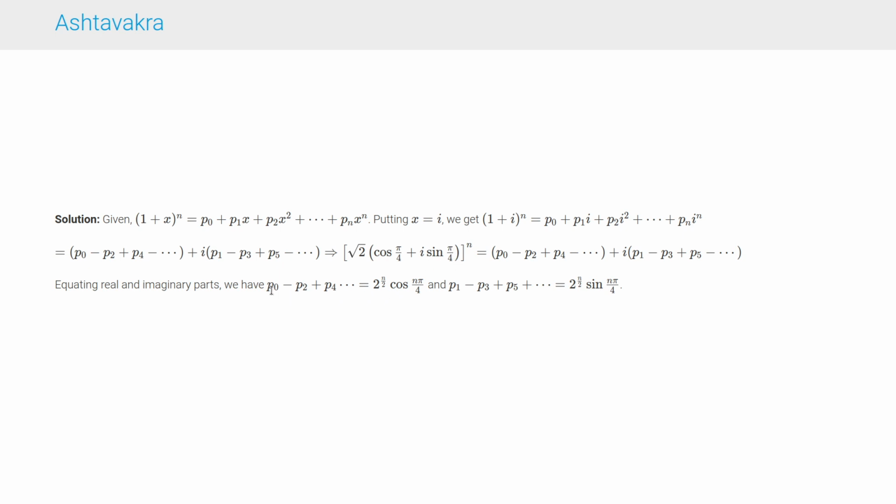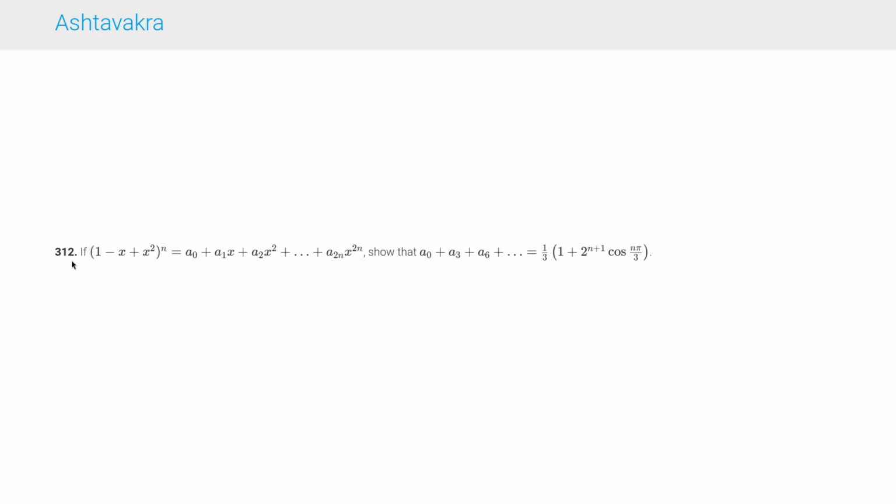So that's how we arrive at the required result, which is p0 - p2 + p4 and so on is equal to 2^(n/2) cos(nπ/4), and p1 - p3 + p5 and so on is equal to 2^(n/2) sin(nπ/4).